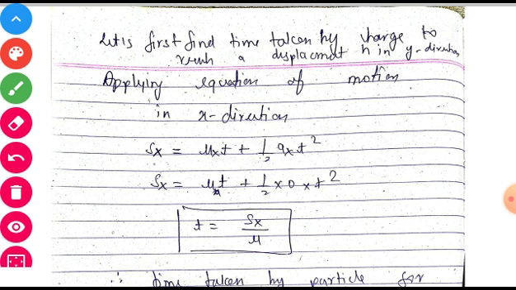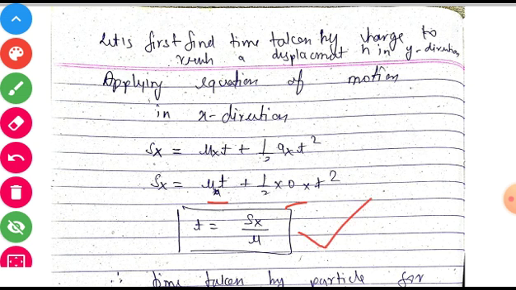We know there is no acceleration in x direction, and we know that in the given time t, the particle has traveled through some horizontal distance sx. So applying the second equation of motion and putting all the values here, we have put ux equals u, acceleration as 0, and solving this equation we get the value of t here.